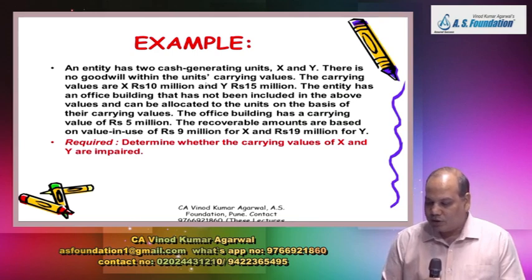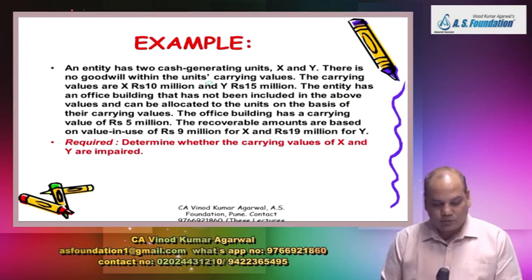The office building has a carrying value of rupees 5 million. The recoverable amounts are based on value in use of rupees 9 million for X and 19 million for Y. Now you solve this problem. Determine whether the carrying values of X and Y are impaired.